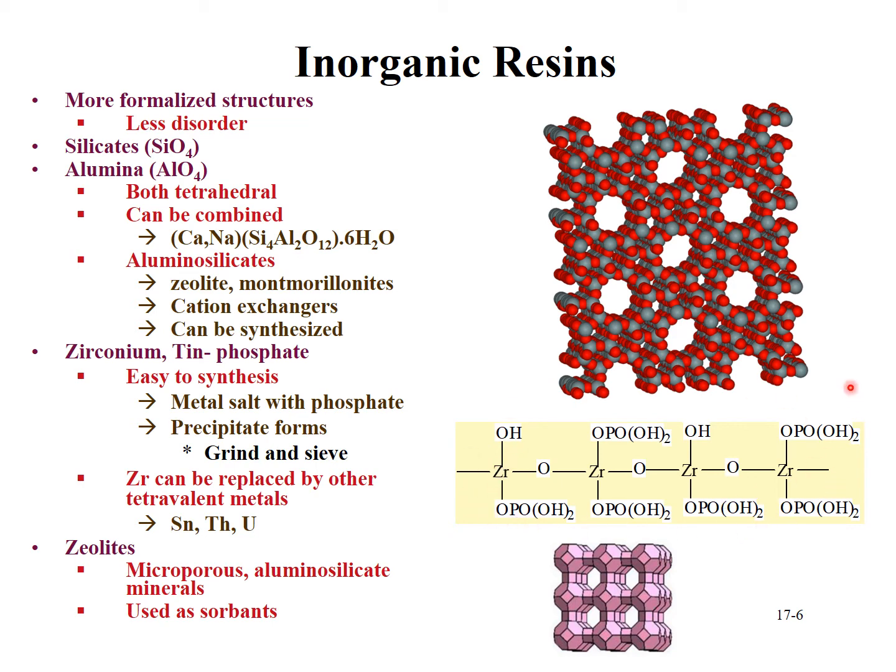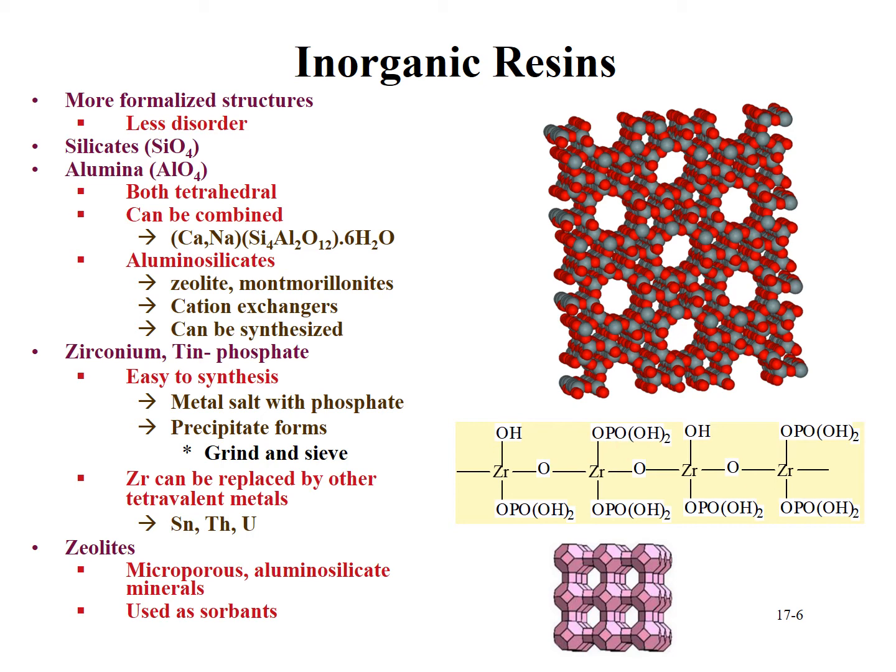If you just take a metal salt with a phosphate solution, you can have a precipitate which forms, which has a fairly regular structure, and you can imagine you can tune the gap between the metal ions with this bridging oxygen by choosing the metal ion itself.